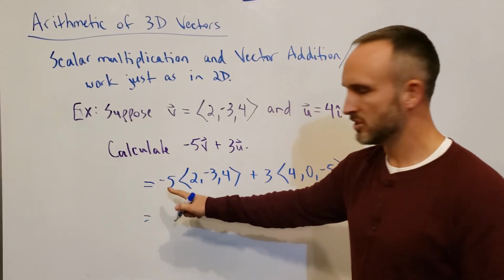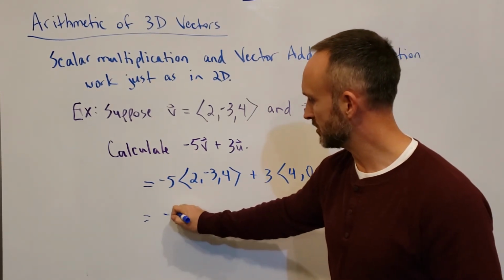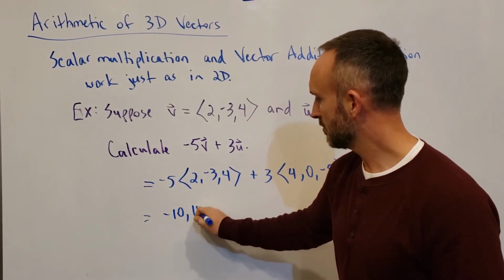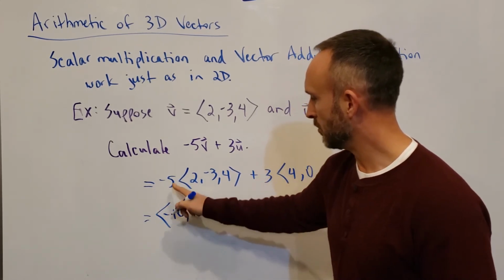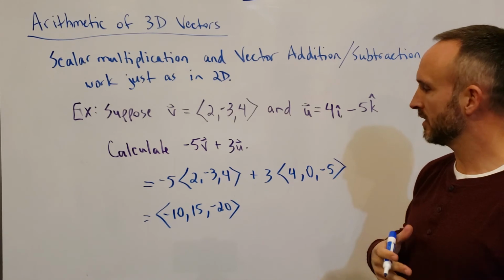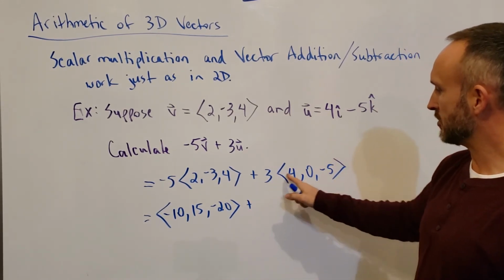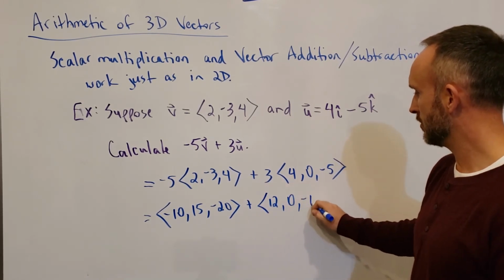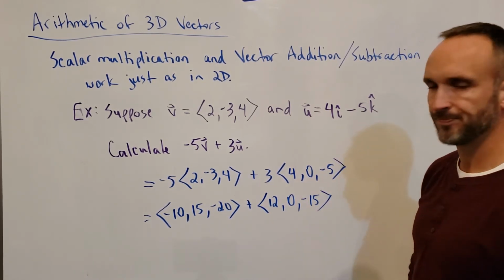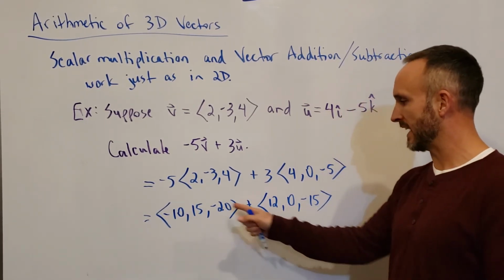And then we'll do just order of operations, we'll do the scalar multiplication first. So this turns into -10, 15, -20. When we multiply each of the components by -5, that's scalar multiplication. Plus, let's multiply each of these components by 3. So 12, 0, -15.